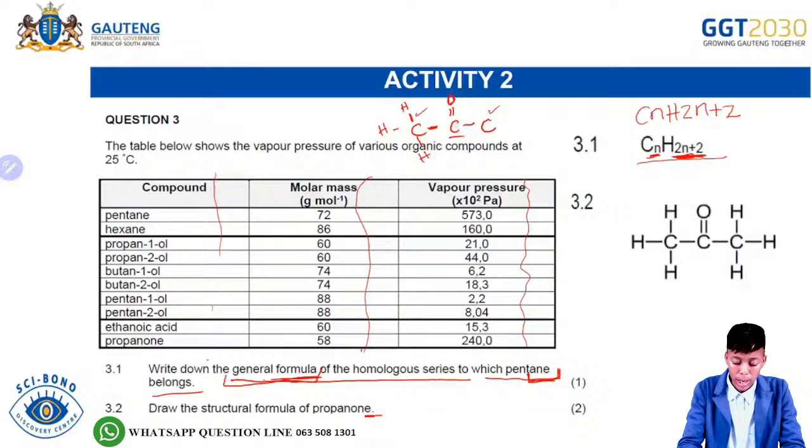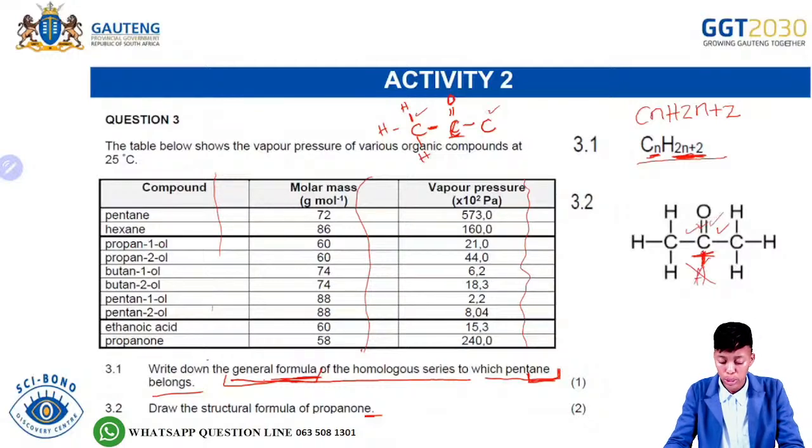And the carbon in the center already has 1, 2, 3, 4 bonds, so we are not going to add another hydrogen at the bottom there.